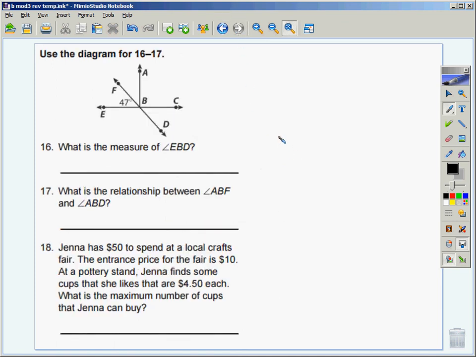Again, when working a problem like this, I might fill in the pieces that I could fill in. They said use this diagram. What is the measure of angle EBD? Angle EBD.